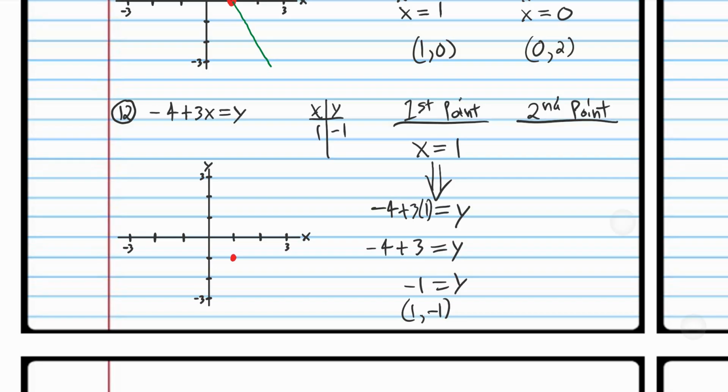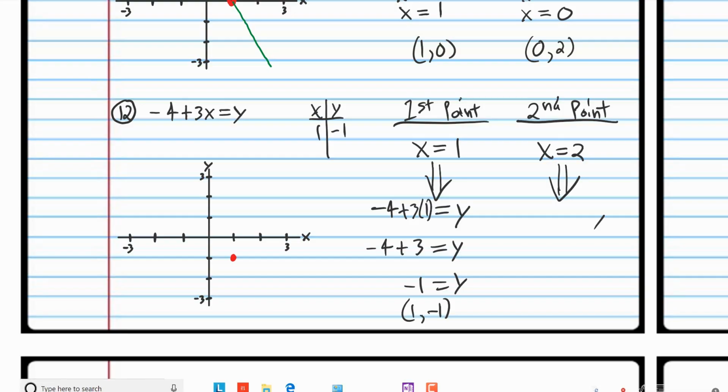And let's try x is equal to, now I'd like to try -1, but we can't do that because I can see it's going to be -7, and that's out. So let's try 2 for x. So again, if you plot a point and it's out of your window, you can either change the scale of your window. That's perfectly fine. Or you can just plot another point.